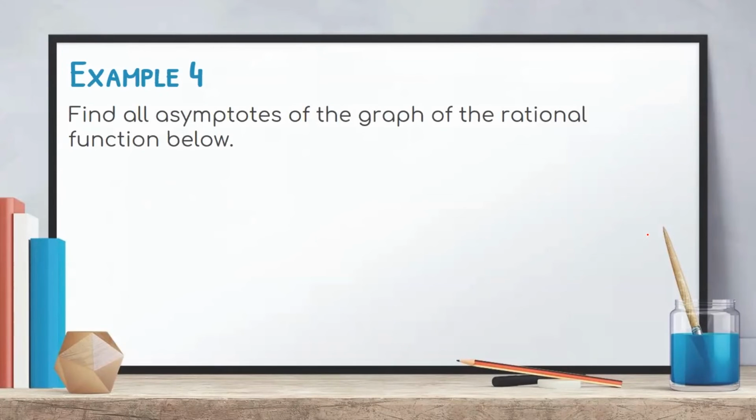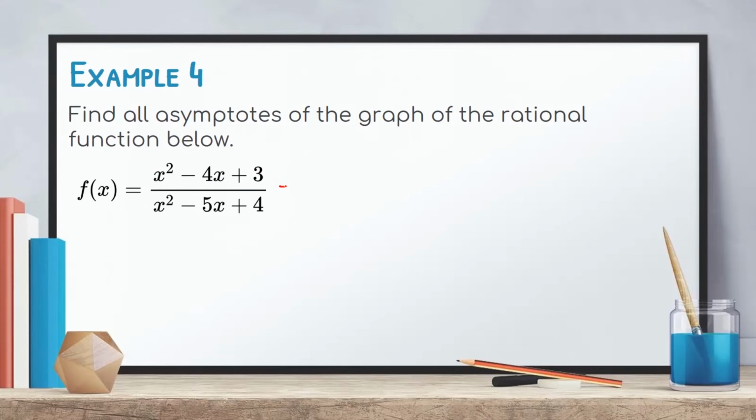For our last example, find all asymptotes of the graph of the rational function f of x equals x squared minus 4x plus 3 all over x squared minus 5x plus 4. Here, notice that we can still factor the numerator and the denominator.